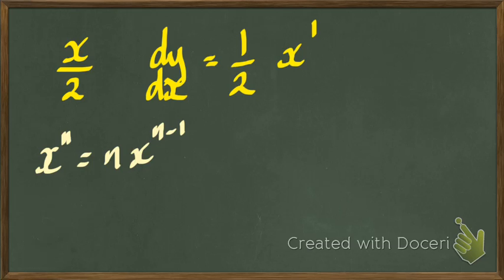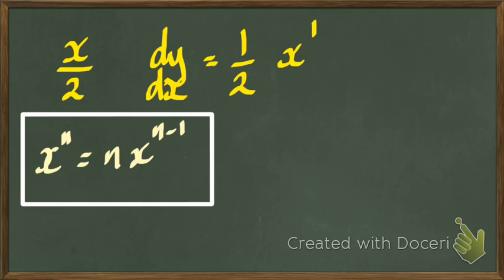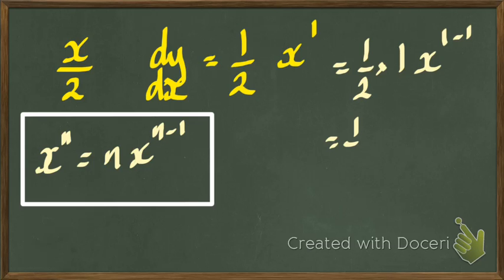That's my standard result that I'm going to use. So that gives me half times, well, the n here is 1, so that 1 comes there, x to the 1 minus 1, which equals half times 1 times x to the 0.